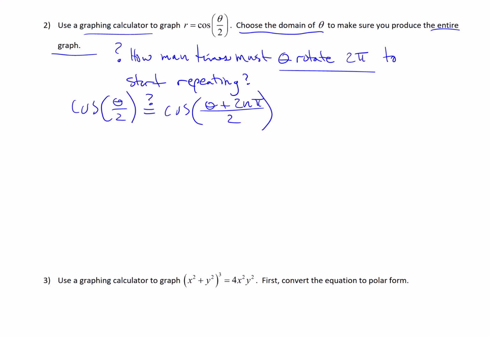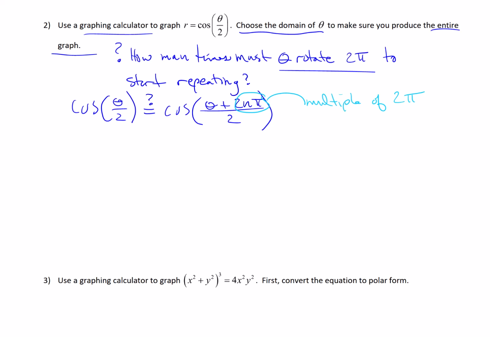Let me note this on the side. This 2n pi we're talking about is a multiple of 2 pi, where n is an integer, so you're multiplying 2 times some number, it could be 2, 3, 4, 5, whatever, times pi.